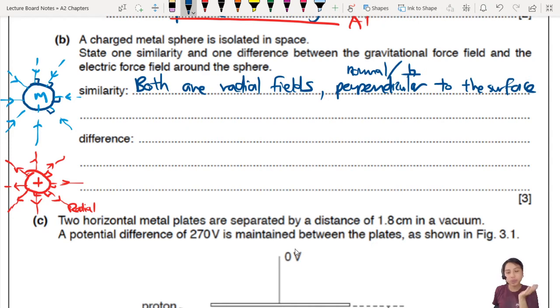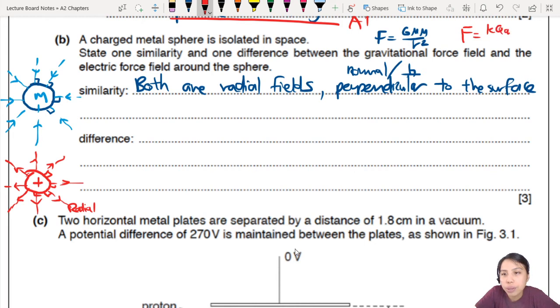Okay, what other things are similarities? Let's just list all since we're here. Another thing is the relationship between the variables. If we remember gravitational force, F equals Gmm over r squared. What about electric force? F equals kqq over r squared. The pattern is similar. Force is inversely proportional to separation distance squared.